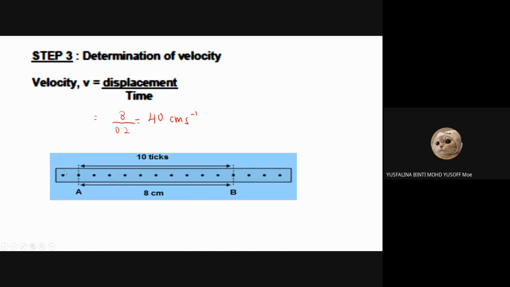We already know one tick is 0.02, so 10 ticks means 0.02 multiplied by 10, so you will get 0.2 second. So this is how you find the velocity, just using the displacement and the time.